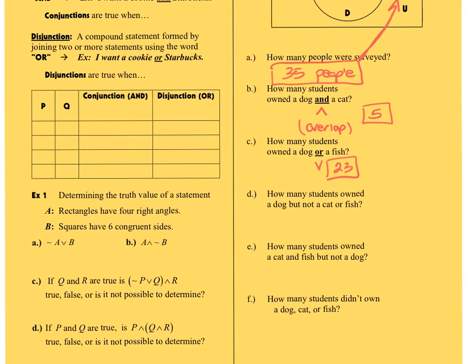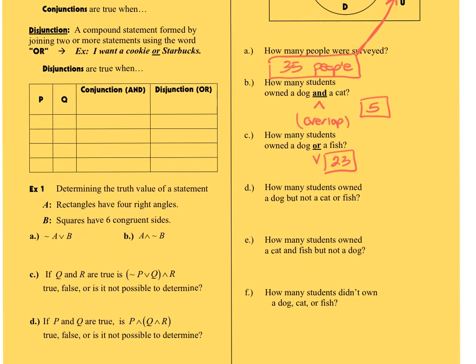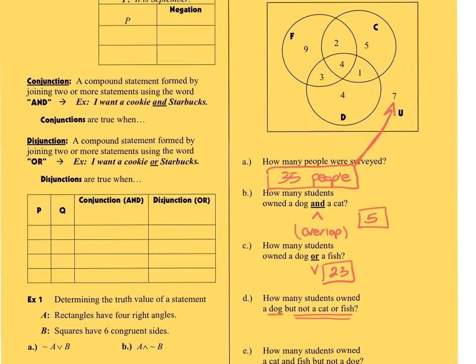Now we're going to look at how many students owned a dog, but not the cat or fish. So that means we're going to start by looking at this dog circle, but then we want to eliminate any parts of the dog circle that also included the cats or the fish. So let's go back up here and look.